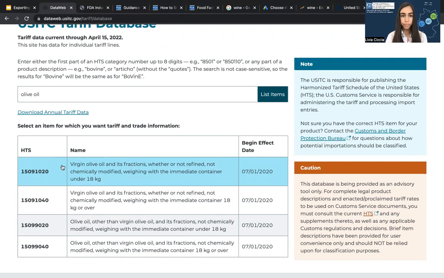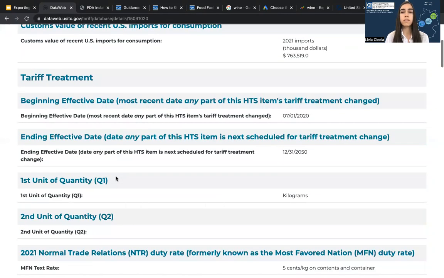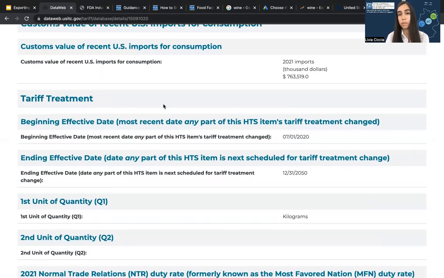You can see virgin olive oil in its fractions, whether or not refined, not chemically modified, weighing under 18 kilograms, or olive oil other than virgin olive oil. So, for example, if we pick virgin olive oil, we go here and you can see the tariff treatment for the countries.